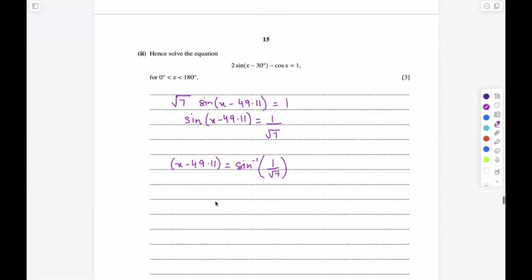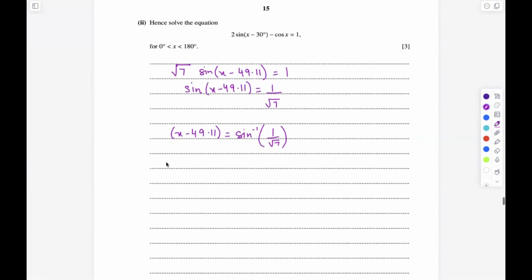So we get the basic angle, which will be 22.21. So x minus 49.11 is equal to the basic angle, 22.21. Now we know that sine is positive in the first and the second quadrant, so we have to place the basic angle 22.21 in the first and the second quadrant.